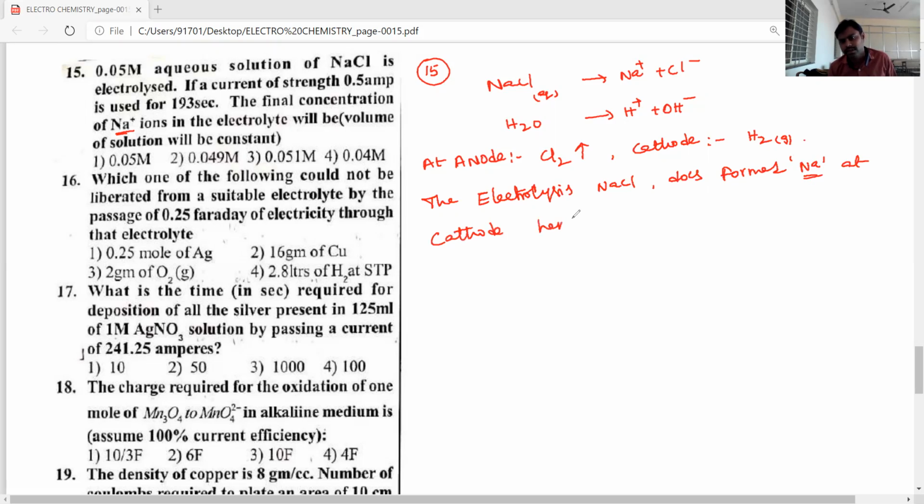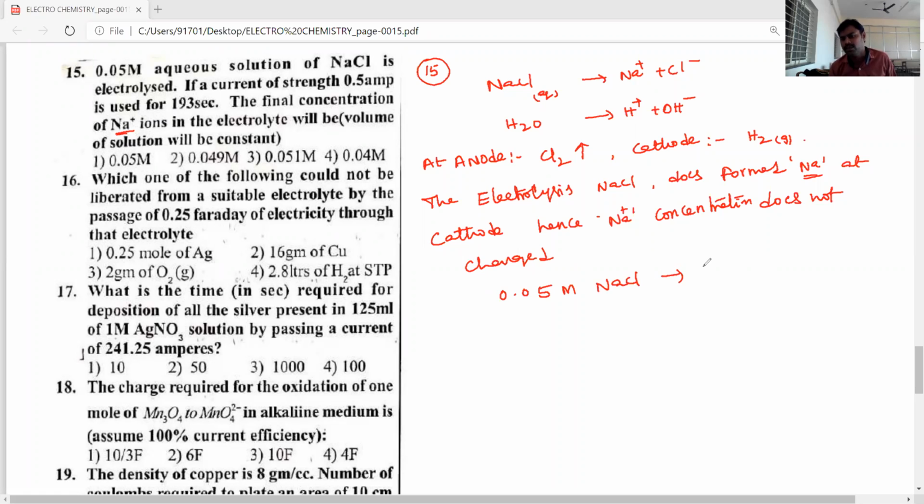Hence, the Na plus ions concentration does not change. So 0.05 molar NaCl is present.